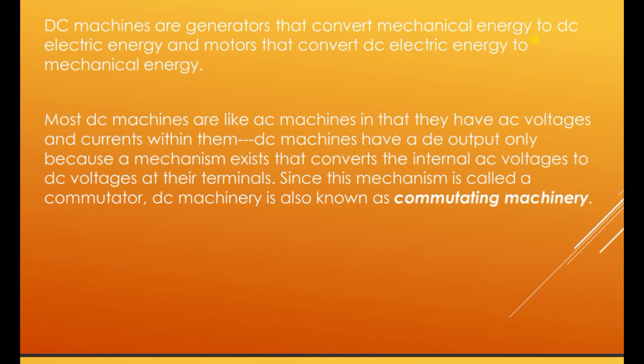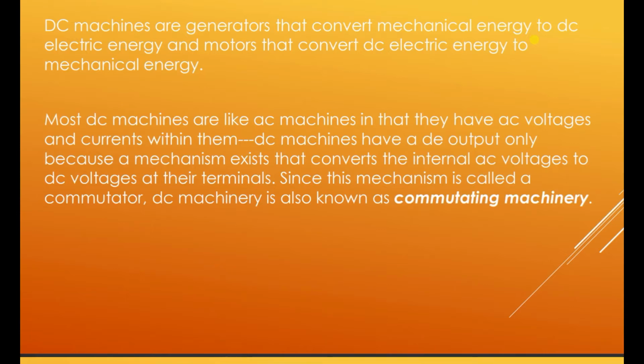DC machines are generators that convert mechanical energy to DC electrical energy and motors that convert DC electrical energy to mechanical energy. Most DC machines are like AC machines in that they have AC voltages and currents within them.